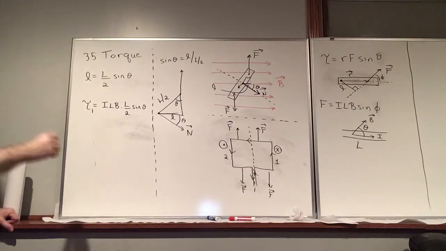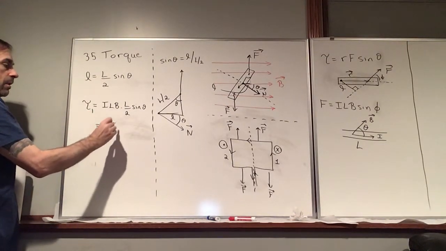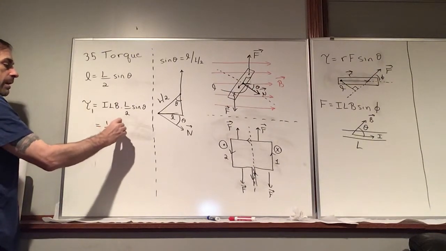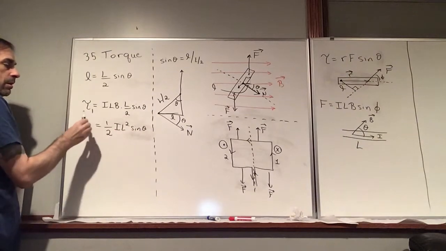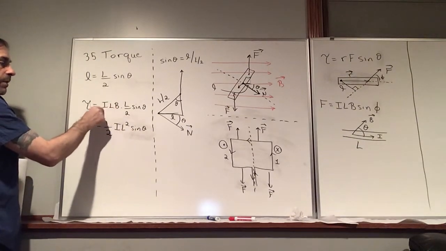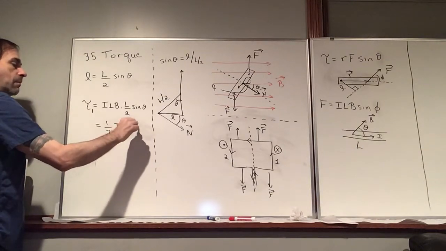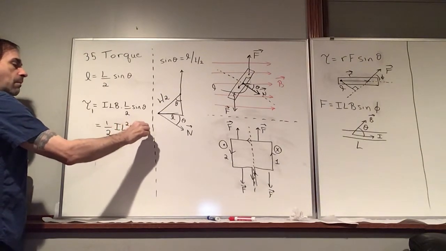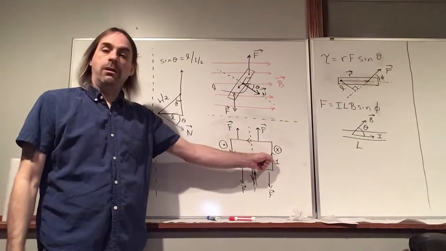Okay. And if we clean that up a little bit, we'd have 1/2 IL squared B sine of theta. Okay, so that's the torque due to this wire.